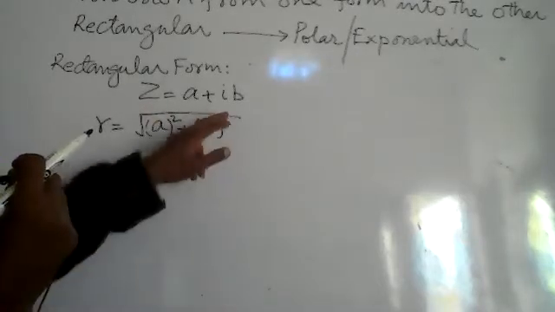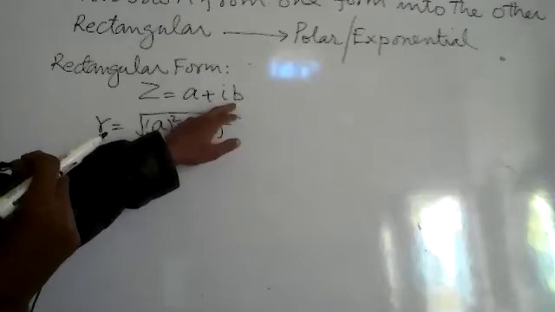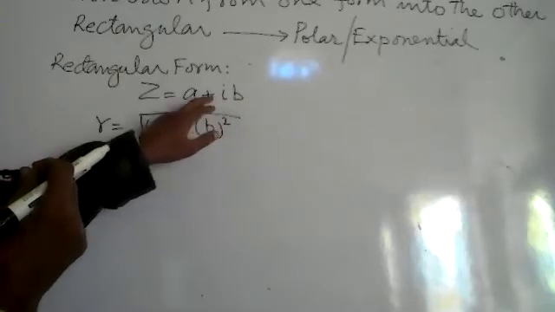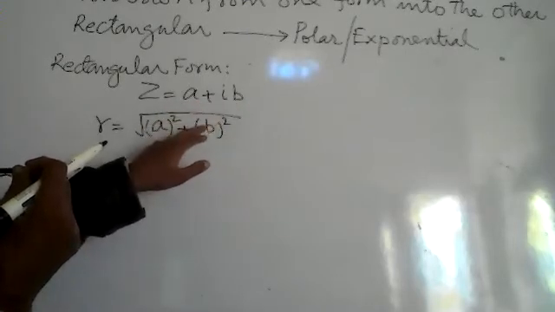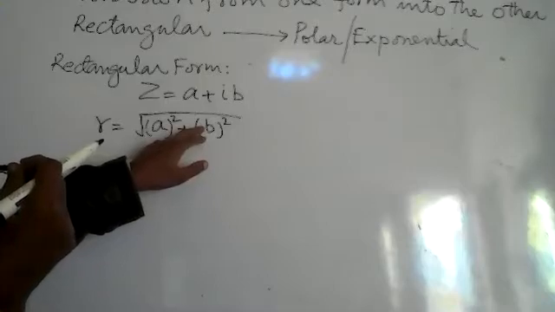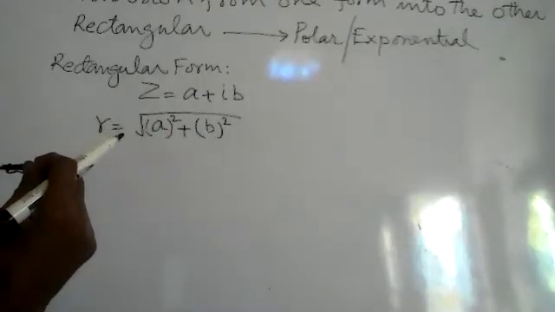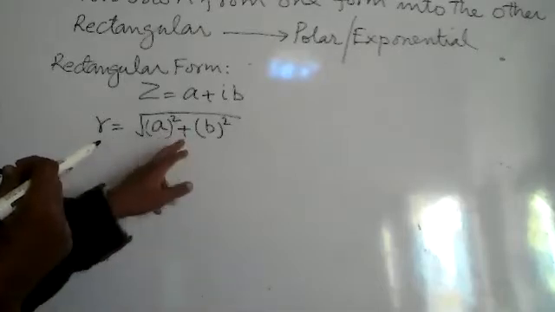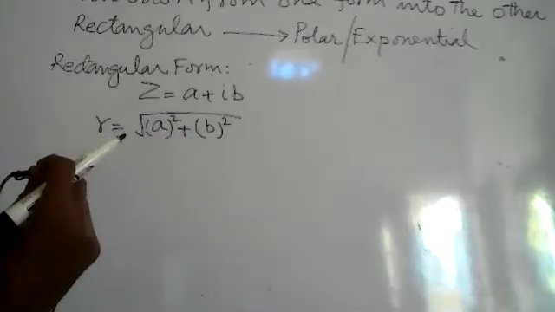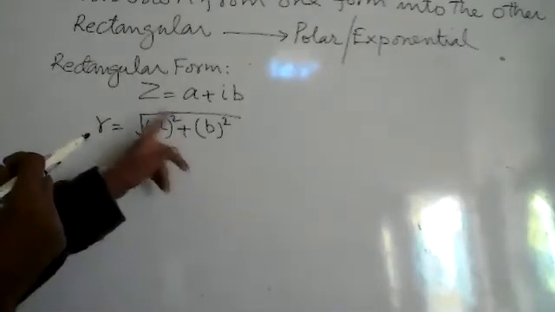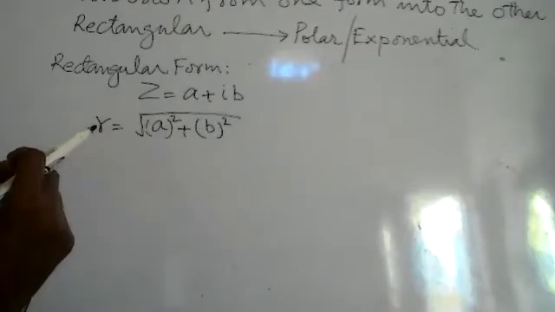In the same way, you take the imaginary part, that is b. It may be positive, it may be negative, but b whole square will be positive. So the answer will be a square plus b square, and in between there should be plus. Then take the square root, that will be r.